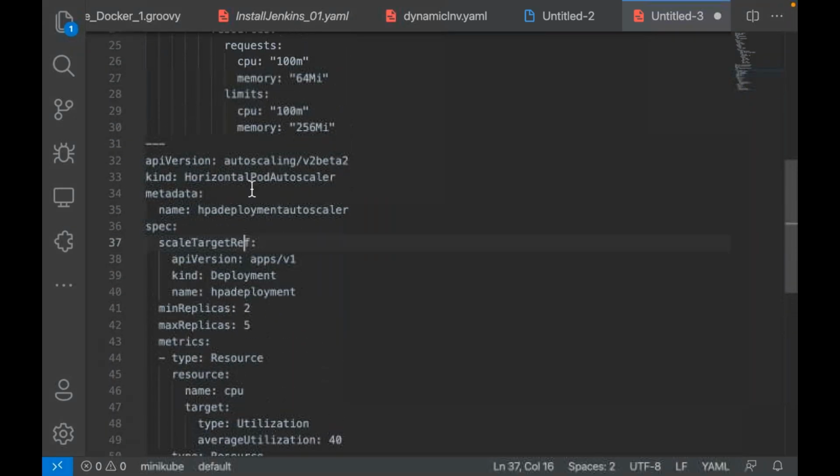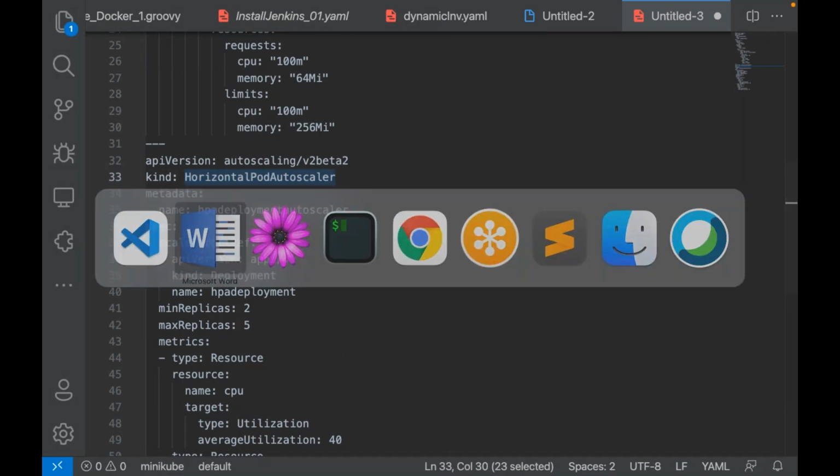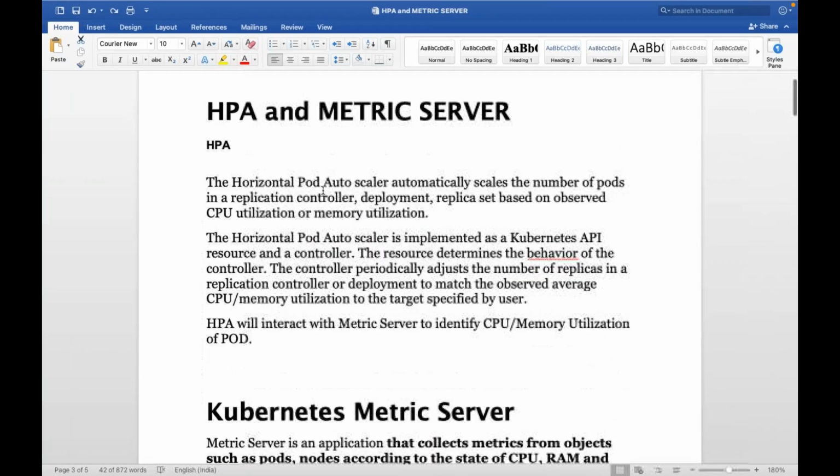HPA is again what? Again, it's a Kubernetes resource, horizontal pod autoscaler. So what this horizontal pod autoscaler will do, as I already told, is automatically scale the number of pods of any replication controller, deployment, replica set based on observed CPU and memory utilization.